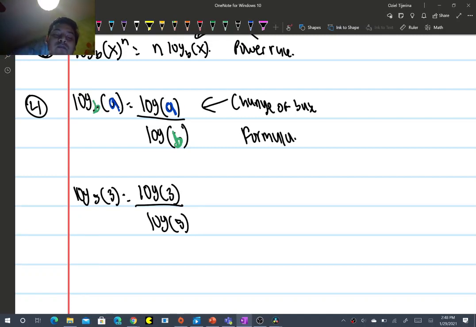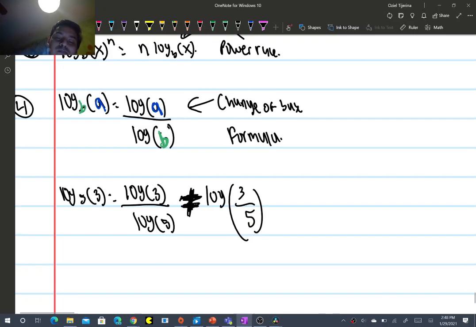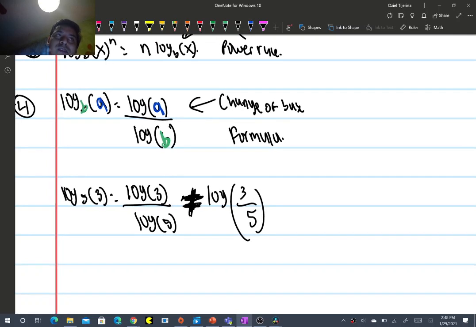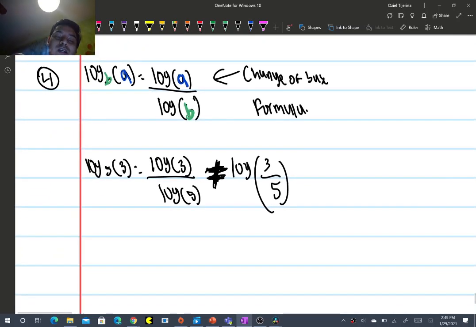Now, this is not to be confused with log of 3/5, because this is not equal to log of 3/5. This is not the same thing. Log of 3/5 is its own number, and log of 3 over log of 5 is another number.